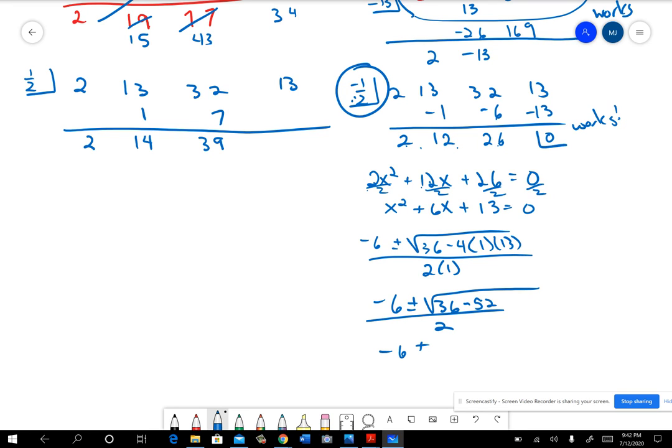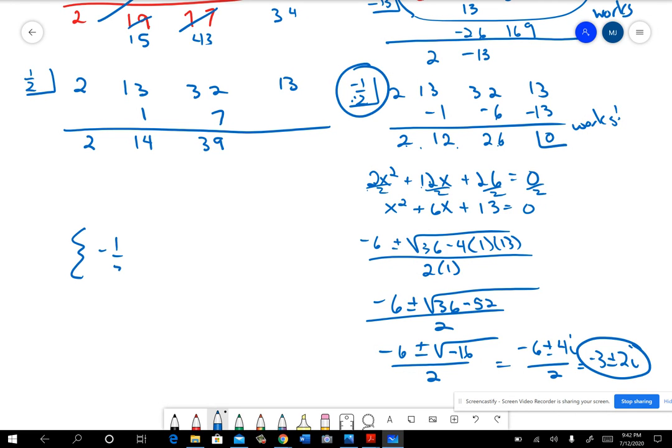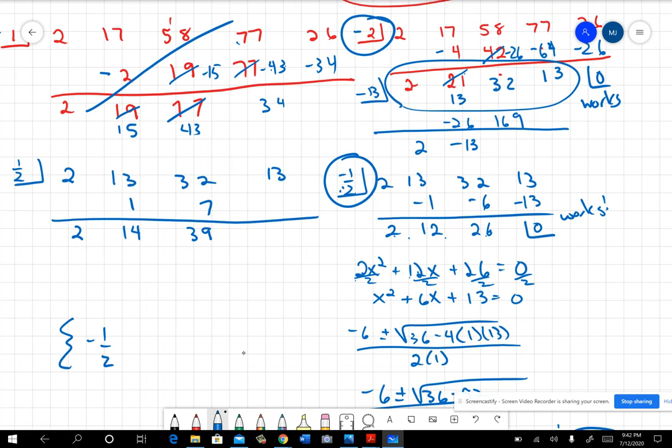So that's negative 6 plus or minus square root, and what is that? Negative 16, it looks like. Okay, so that'll be negative 6 plus or minus 4i over 2, which will be negative 3 plus or minus 2i. All right, so let me collect all of that. So I had a negative 1/2. What was the other one?